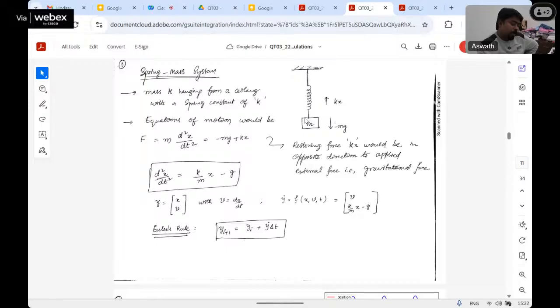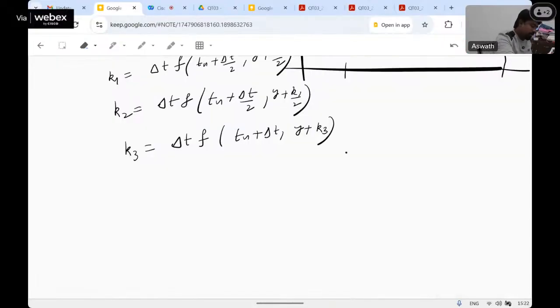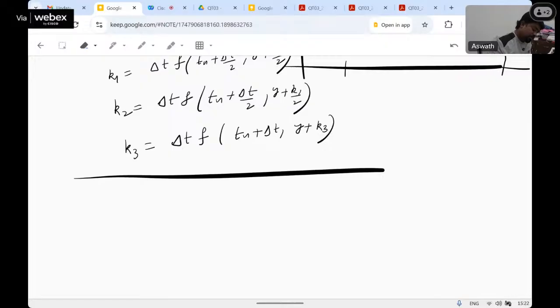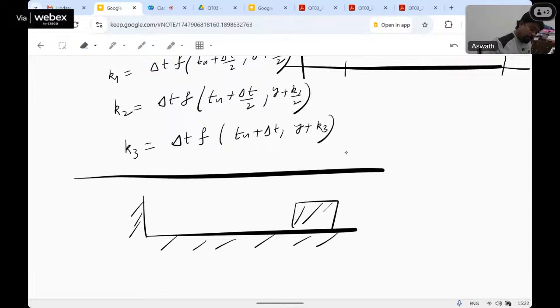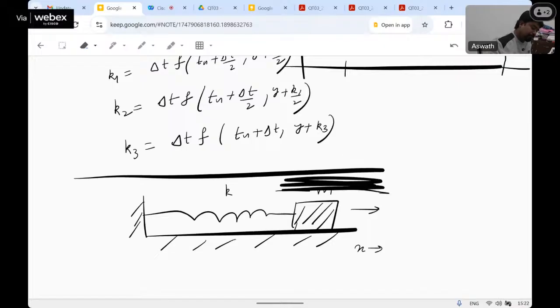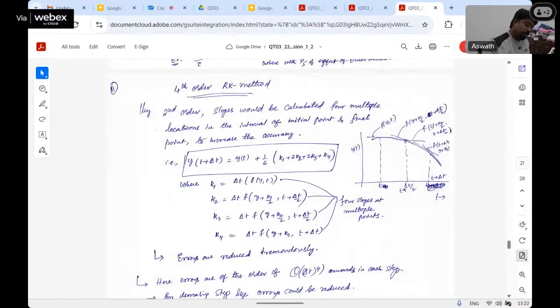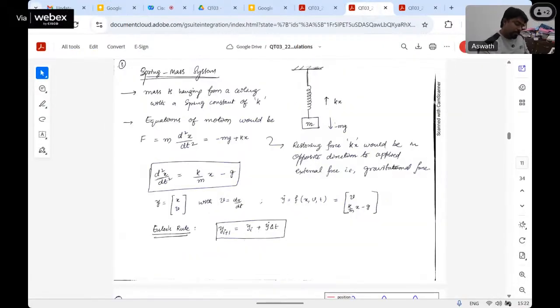If you are not comfortable taking x in the vertical direction, you can take a horizontal frictionless plane with a mass and a spring of spring constant k, and then I move it in the x direction. Because of the spring constant, it makes oscillations like this.